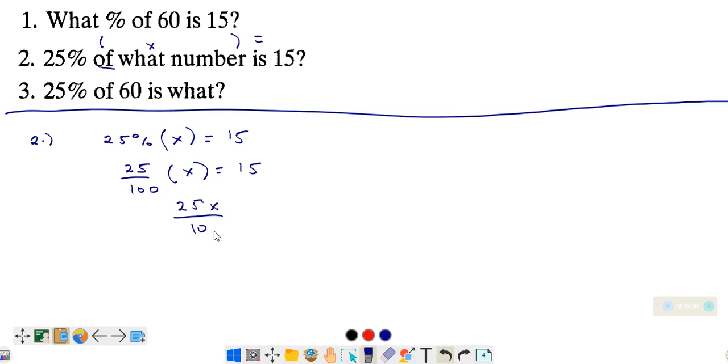So, we have 25% is 25 over 100 times x is equal to 15. So, we have 25x over 100 is 15.